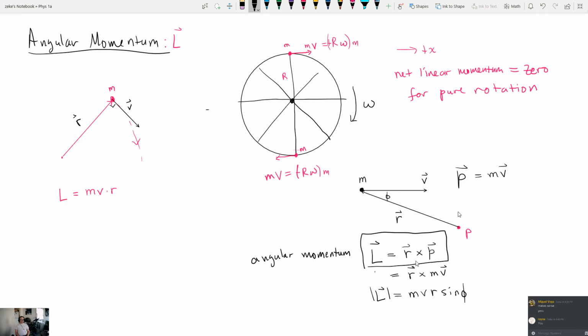That means it has a direction that's perpendicular to both of these vectors. I've been doing this a lot in my 1C class, so I can't remember how much of this we talked about in this class, but I know we've talked about it a little bit. What would the direction of the angular momentum vector be in this picture? I have a mass, it moves to the right.